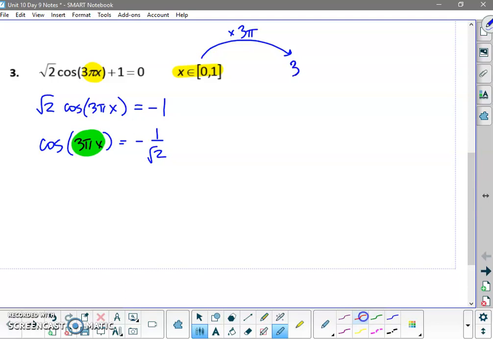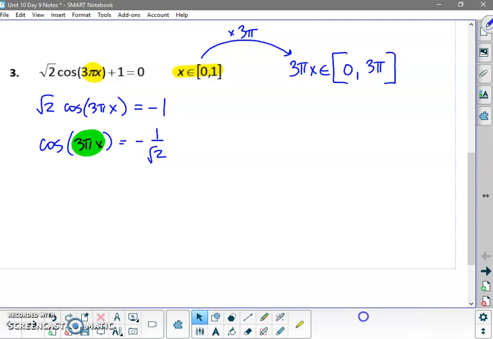So I'm going to have 3 pi x is an element of the interval 0 to 3 pi. So what I'm doing is I'm not solving for x yet. I'm solving for 3 pi x first. I want to figure out what those angles are.